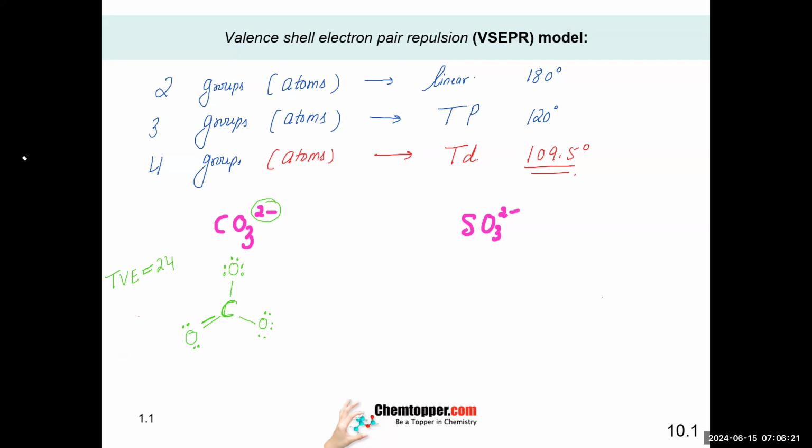Check how many are used. I think all 24 used. 24 is set of 3. All 24 used. What's the formal charge on this oxygen? -1. This one, -1. You can see 2 minus. What's the formal charge on carbon?